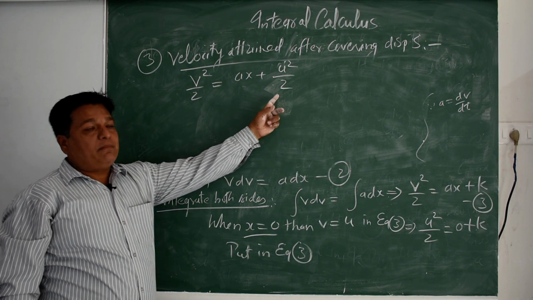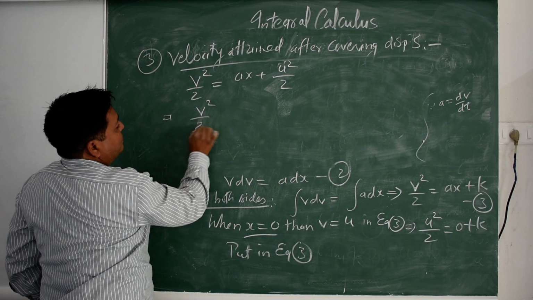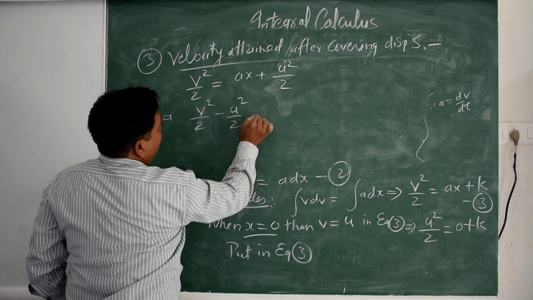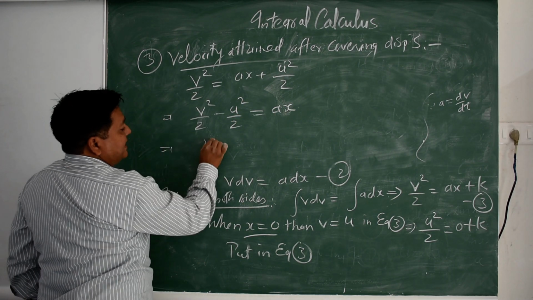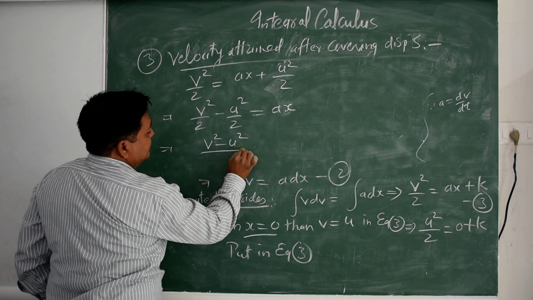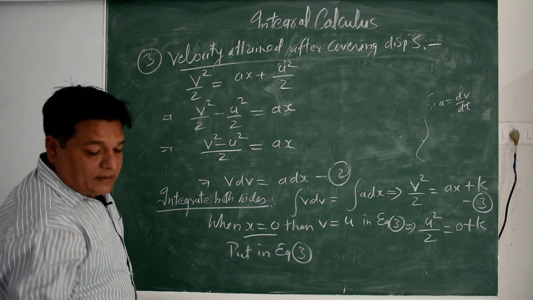Transposing the term u square by 2 to the LHS, we get v square by 2 minus u square by 2, which is equal to ax. Ultimately, we can write v square minus u square upon 2 is equal to ax.